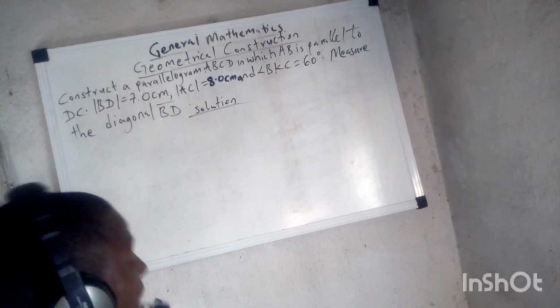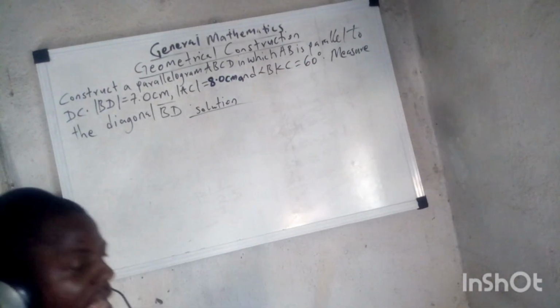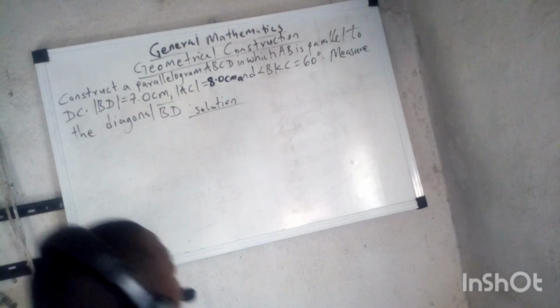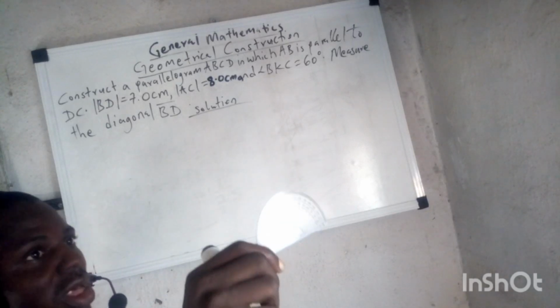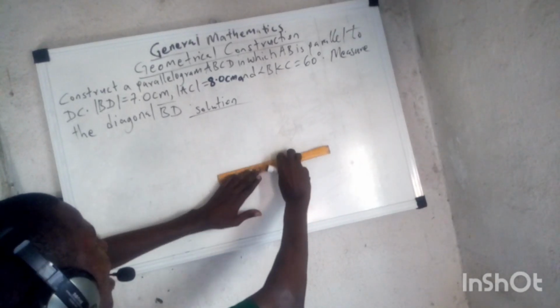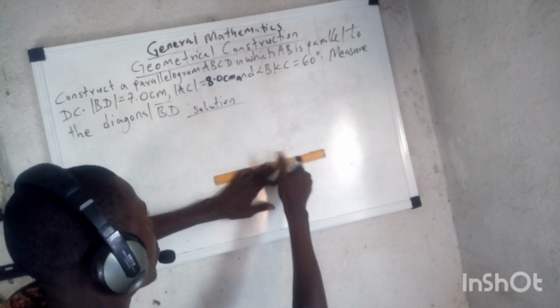So let's get started. We are going to be making use of a ruler, a compass, and also a protractor to check out the angles, the measurements. You rule out a straight line using your ruler.